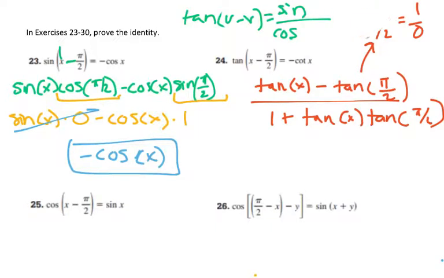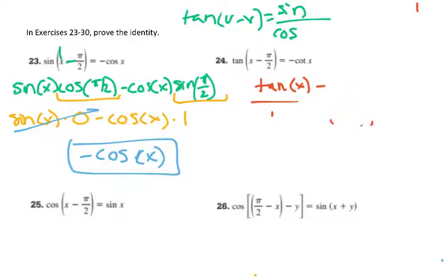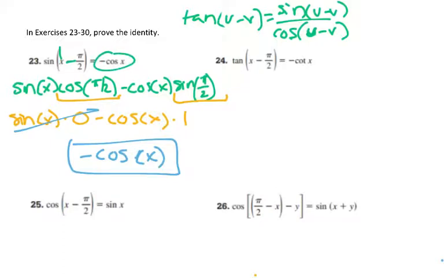And so because of that, if we take it that way, we can be doing sine of u minus v over cosine of u minus v and evaluate it that way. From the previous problem, sine of x minus pi over 2 is already negative cosine. We already saw that in the previous one.